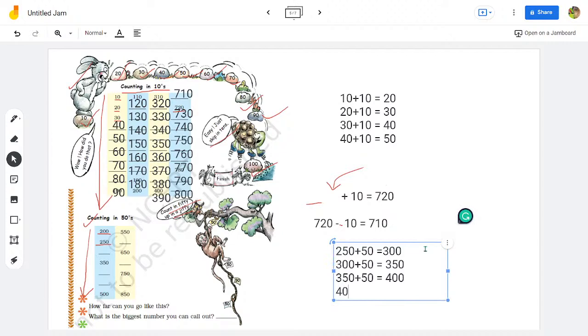Add another 50 to 400, we would get 450, and this is how it keeps on going. So I can fill in the missing numbers now. 200, then we have 250, then we have 300, then 350 is already done, we have 400, we have 450, and at last 500 is already done for us.